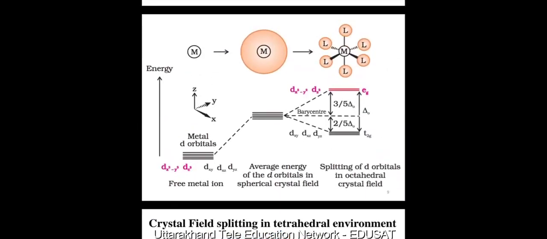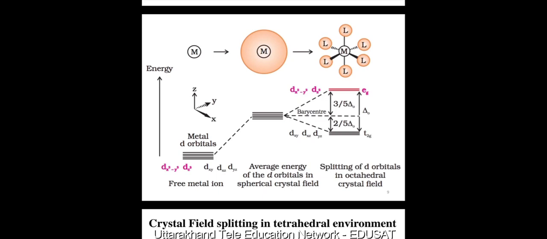The crystal field splitting is measured in terms of the energy difference between T2g and Eg orbitals, delta naught, where the subscript naught indicates an octahedral complex.